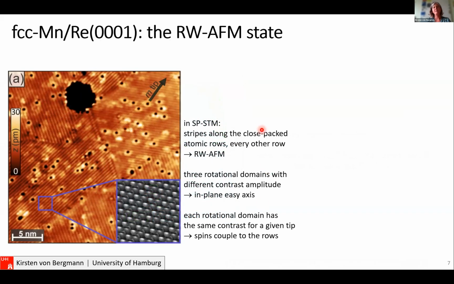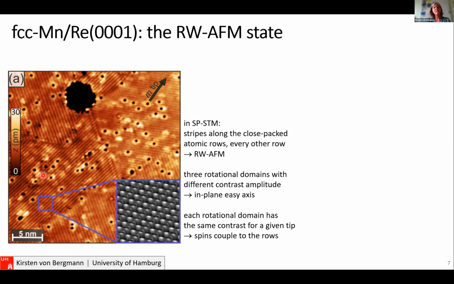So the dominant FCC stacking looks like this when we do SP-STM measurements. We see these stripes here, and we find that the stripes run along the close packed row, and that we see every other atomic row as a maximum, which means this is consistent with a rowwise antiferromagnetic state, which surprisingly had not been observed in the transition metal monolayer before.